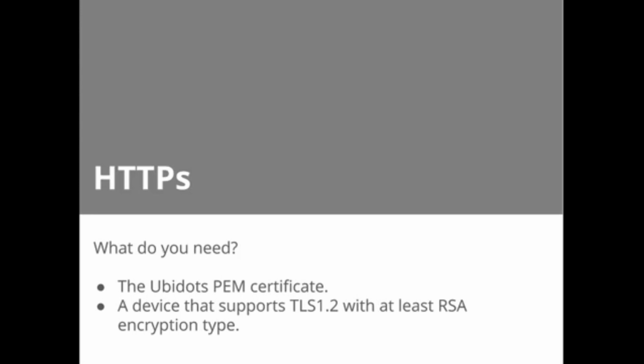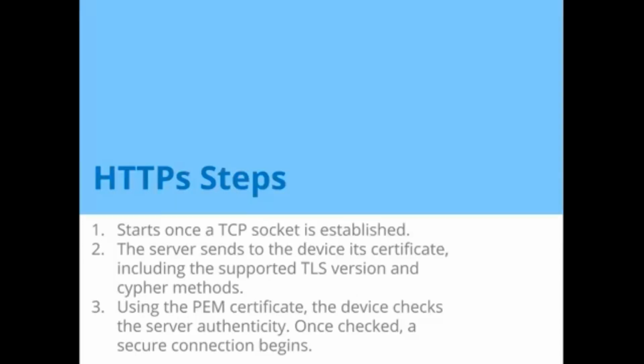There are a lot of kinds of algorithms to encrypt data. One of them is RSA. There are others, like ECC and so on, but it should at least support RSA, and most devices in the market already support that. So it's not hard to implement this kind of security in your devices.